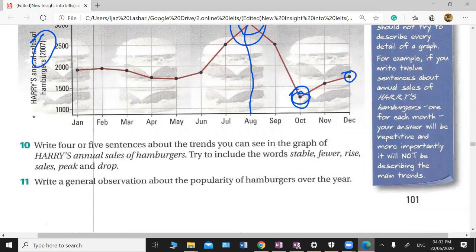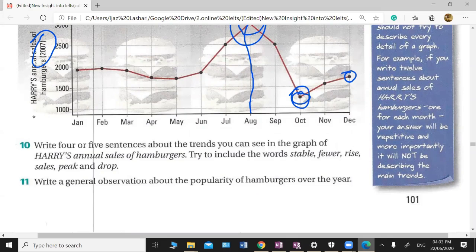We look at question number 10. Someone who was reading with me, can you continue, please? Okay. Yes, sir. Yeah, please continue. Number 10. Write 4 or 5 sentences about the trends you can see in the graph of Harry's annual sales of hamburgers. Try to include the words stable, fewer, rise, sales, peak, and drop.